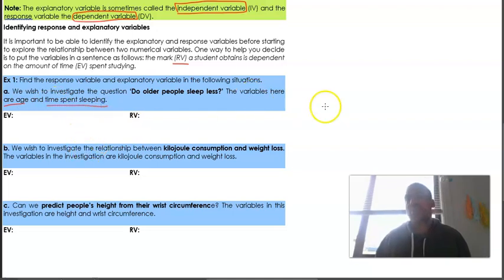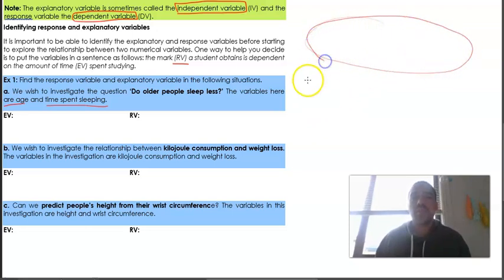So you can imagine that someone conducts a survey and they try to get a wide variety of people within the survey in regards to their age, so lower age and higher age. And then they ask, okay, what is your age and how often do you sleep? How long do you usually sleep for per night? Okay, on average. And these answers are provided, okay?